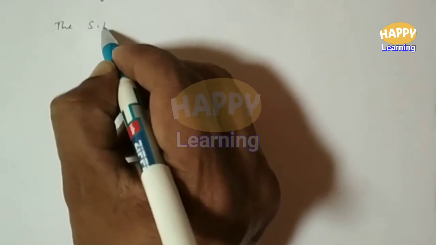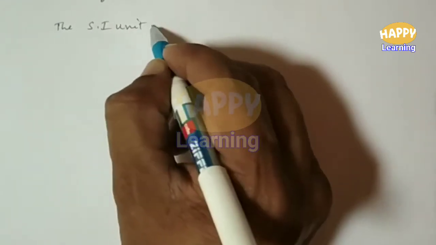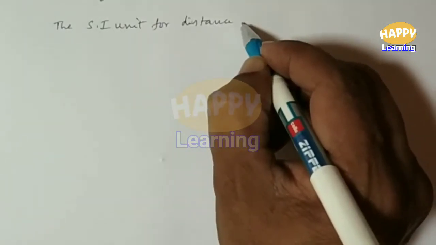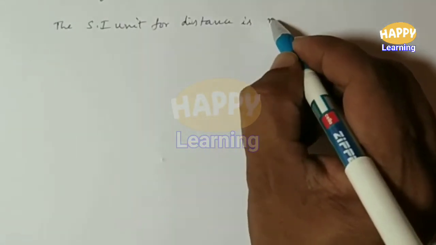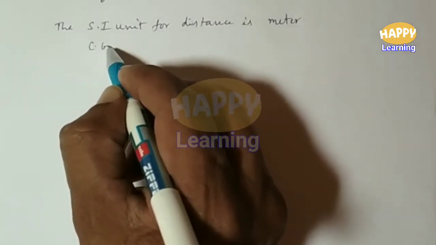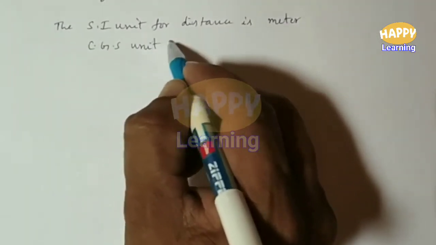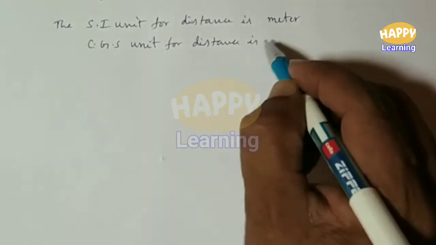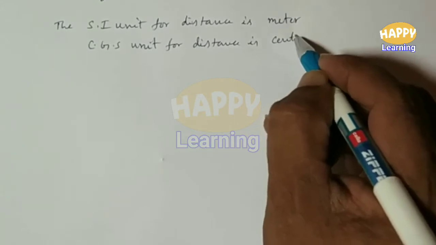The SI unit for distance is meter and the CGS unit for distance is centimeter.